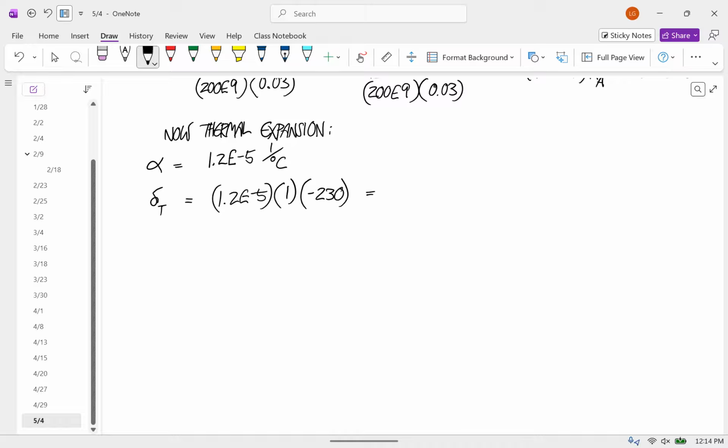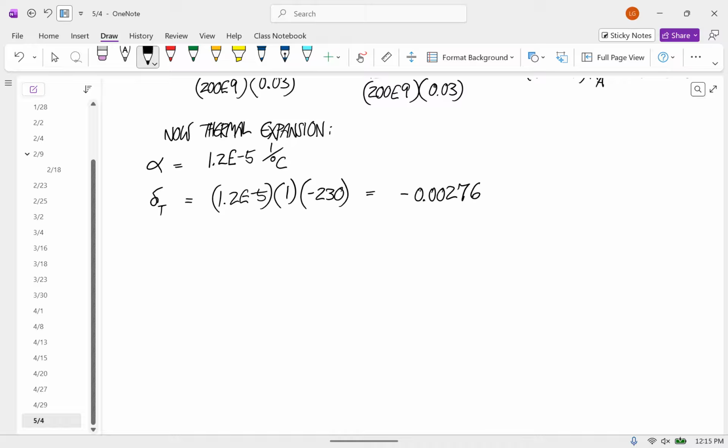And so if this bar was free to do what it wanted and you decrease the temperature this much, you would get a change in length of negative 0.00276. So this 1 meter bar would decrease 2.76 millimeters.